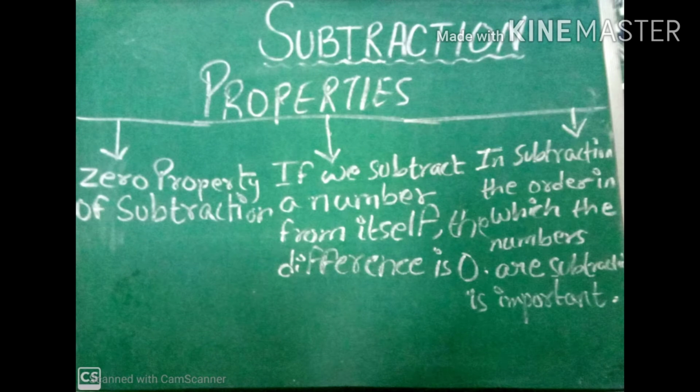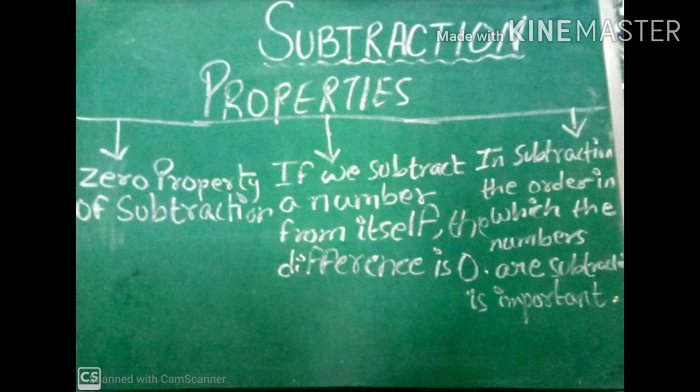Let us revise the properties once again. Subtraction has three properties. Number 1, the zero property of subtraction.